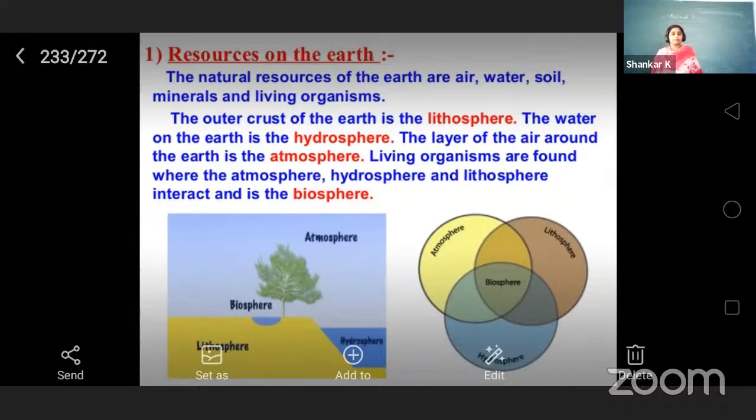This will come under the biosphere. Abiotic means non-living things, which are air, water, soil, and biotic means living things like plants, animals, all living organisms. So living organisms are found where the atmosphere, hydrosphere, and lithosphere interact, and this is the biosphere.